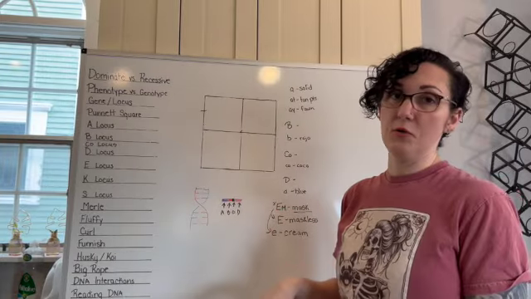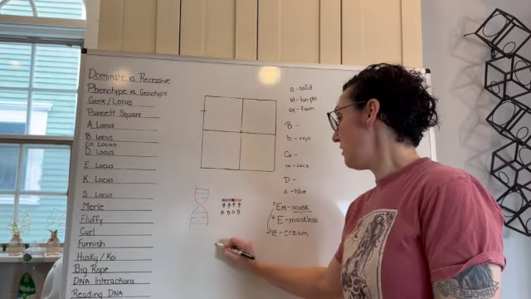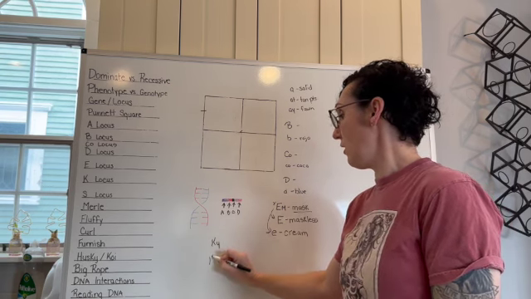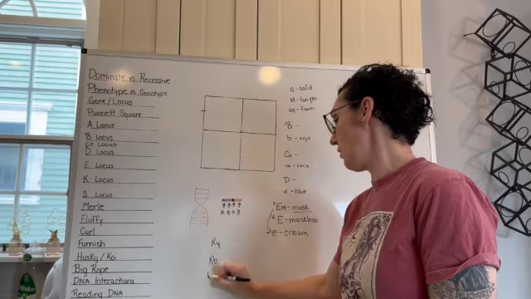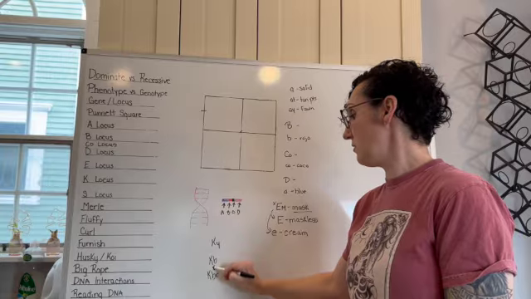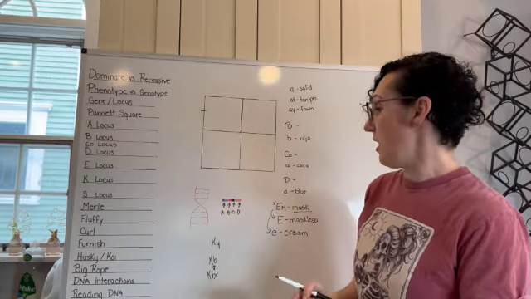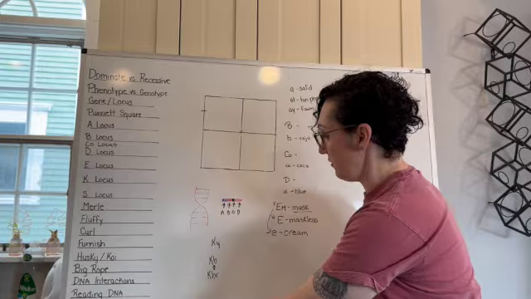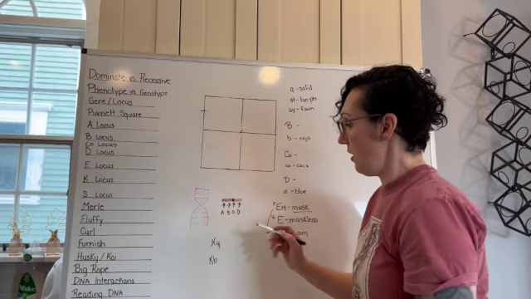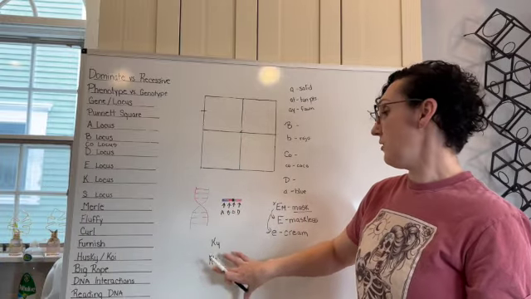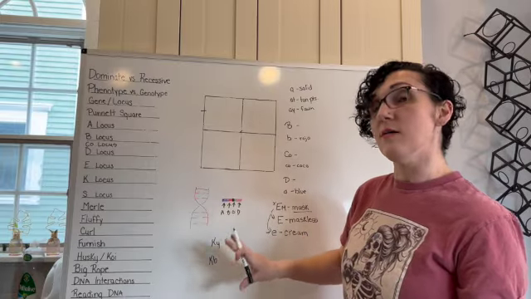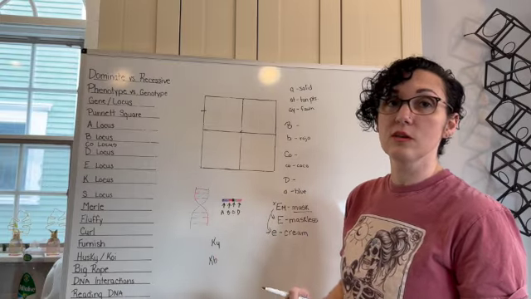Then we have K locus, and K can be KY or KB or KBR. Now these two are basically combined. We don't really have a test, so we are just going to refer to it as brindle and non-brindle. So there can be some different expressions of the brindle gene, but we don't have a way to differentiate those yet.